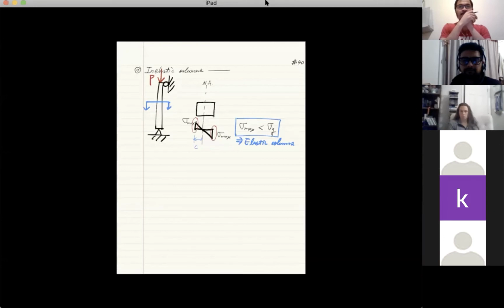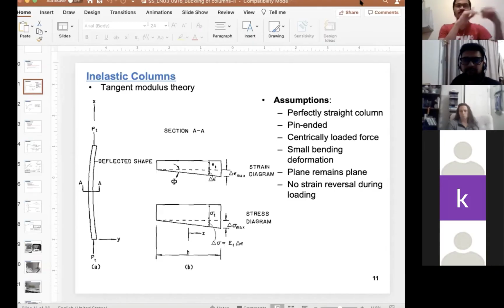All right. The first theory I'd like to recall is called tangent modulus theory. So in tangent modulus theory, I think I still have to go back. It's easier to show you this configuration.